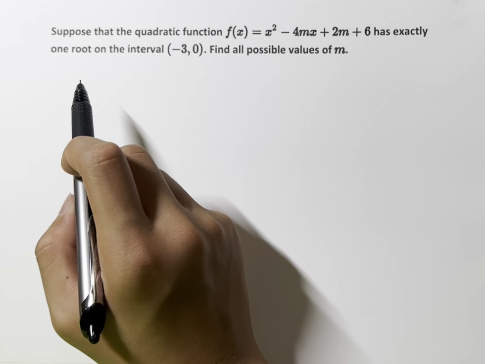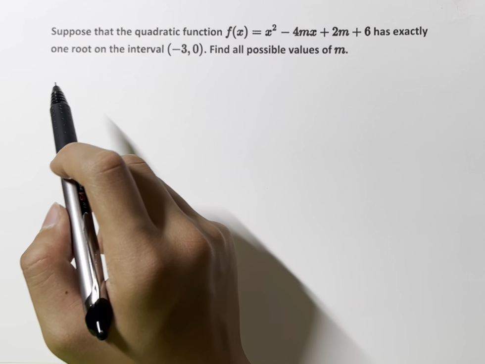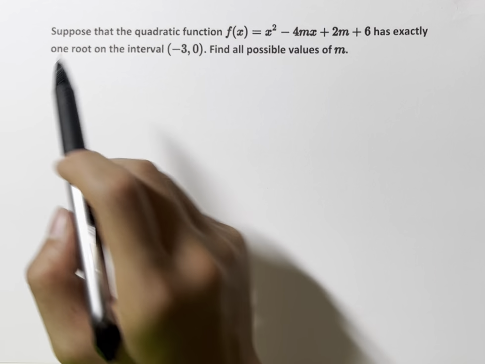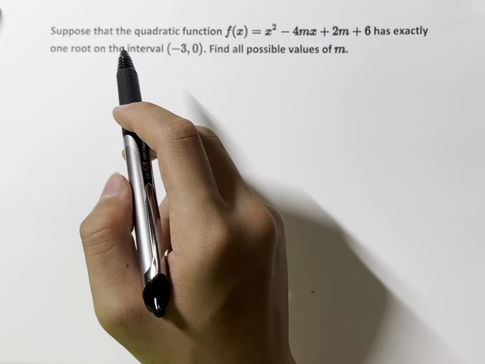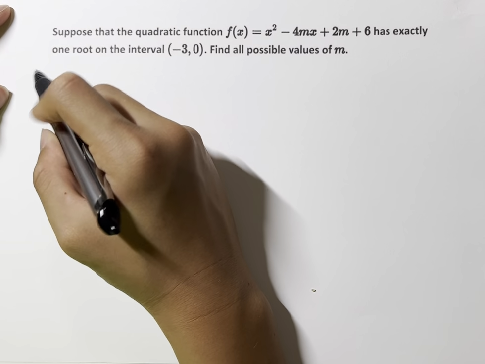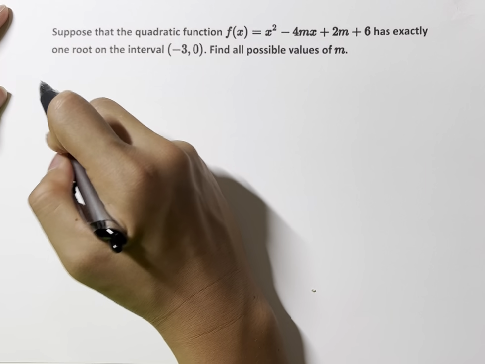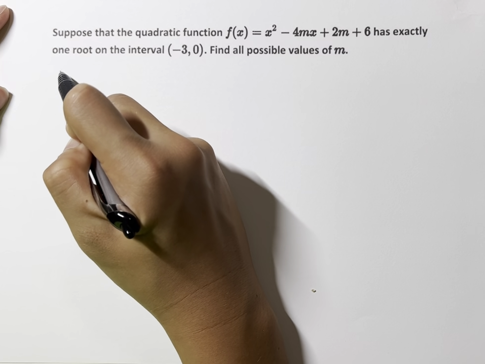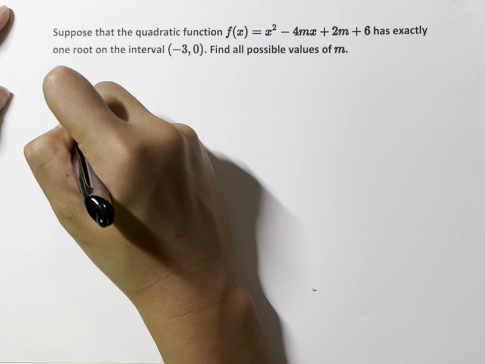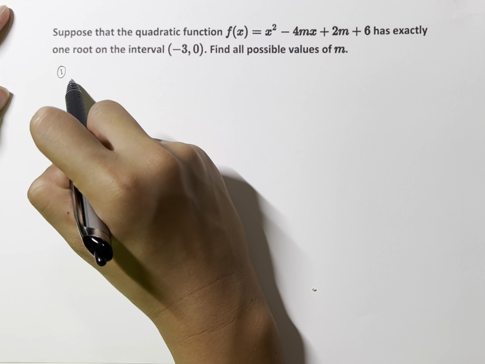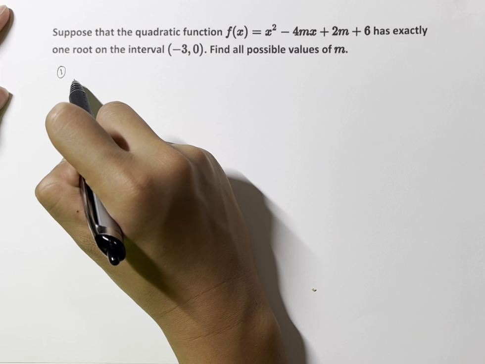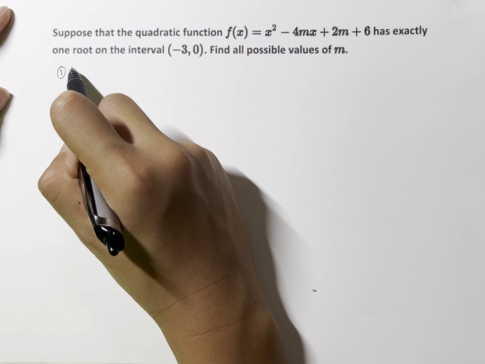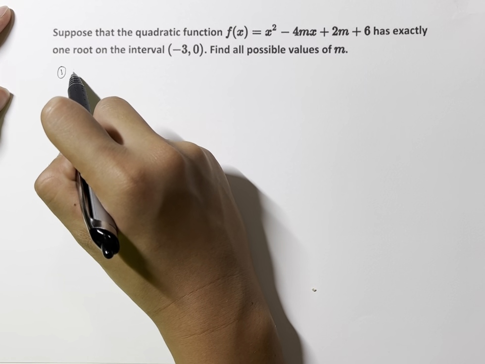We can't have delta less than 0, or there would be no x-intercepts or roots, and that wouldn't work out. So now let's solve the first case, where the roots are distinct.